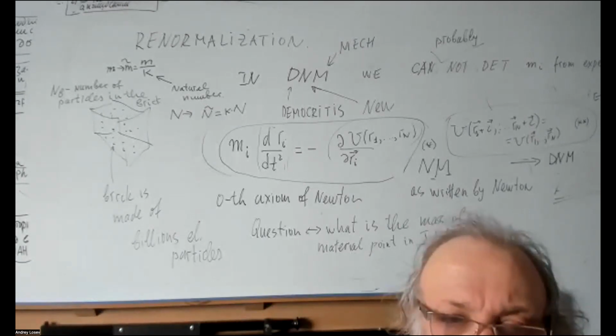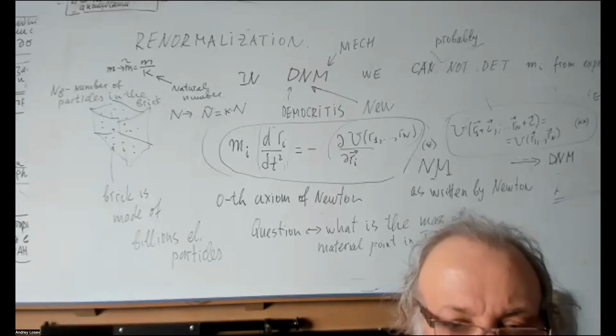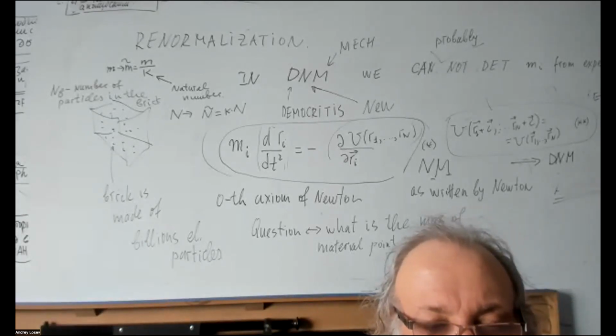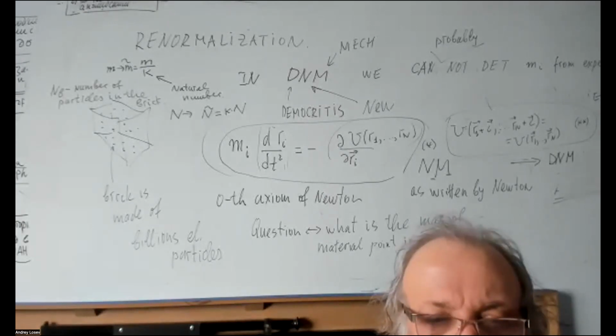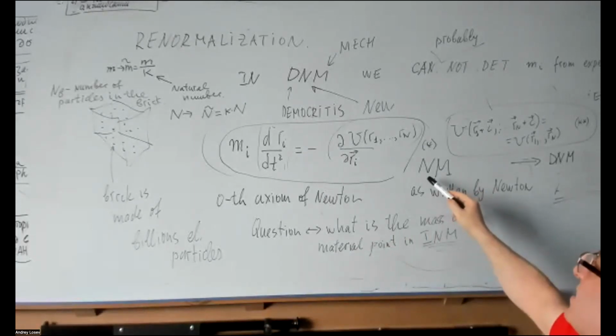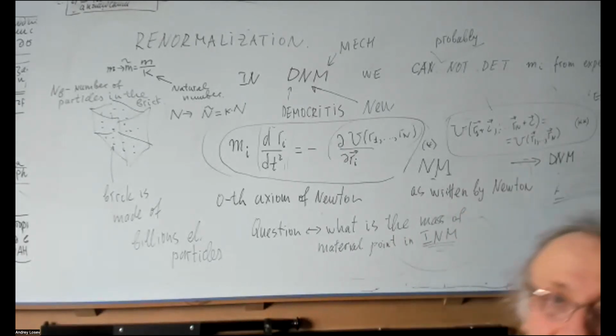Like maybe our space-time becomes a lattice, or something else happens. However, at our low energies, we just don't see it. And this phenomenon called renormalization first appears when we go from contradictory Newton mechanics to mathematically complete DNM.